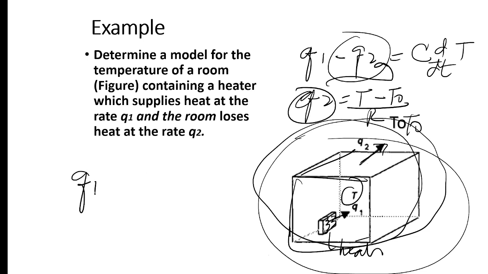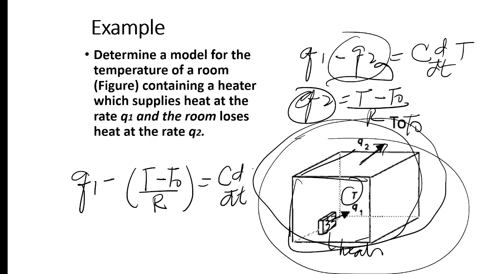So Q1 minus the quantity T minus T outside over R is equal to C, the thermal capacitance, d over dt of T. So we're going to multiply the whole equation by R so that we can eliminate the R in the denominator.